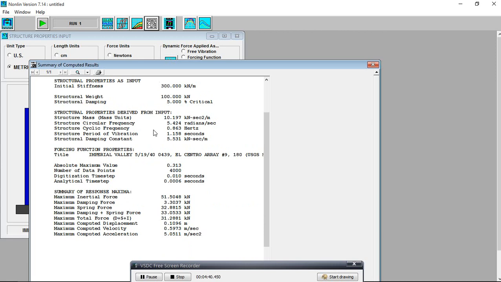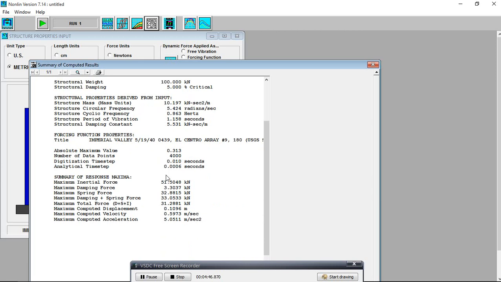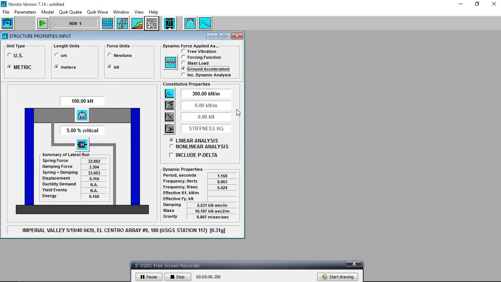Whatever input we have given here, the structural properties are calculated. They have written the program like that. Summary of the response: maximum inertial force, maximum damping force, spring force, maximum computed displacement, and the maximum computed velocity.